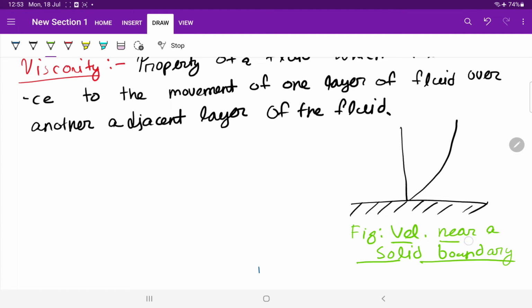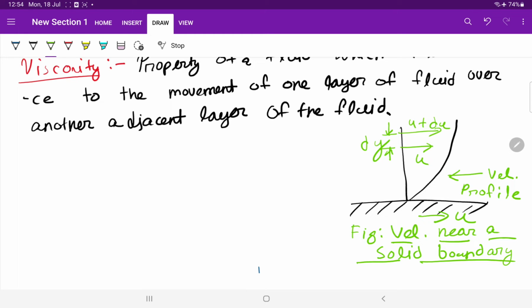So this is a solid boundary, and this is the velocity of the fluid near it. It is flowing at a speed of u, and this is the velocity profile. Here it is u plus du, because the velocity is more here, and this thickness is dy.